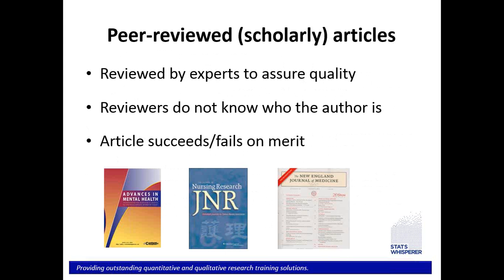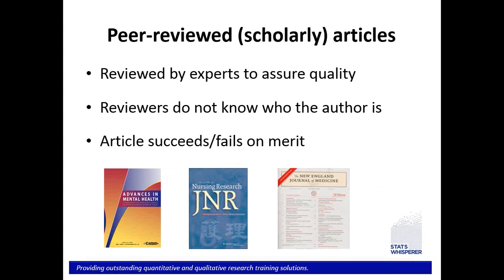Now, peer-reviewed scholarly articles are a great thing, right? So we can have a lot of confidence in them, the findings and the content, because they're reviewed by experts in the field. The peers in the peer-reviewed are the experts in the field, who check out the article, they read it, they judge the quality of it, and they consider it publishable.